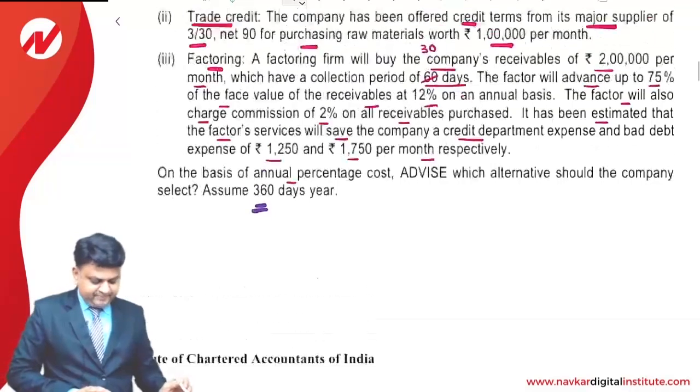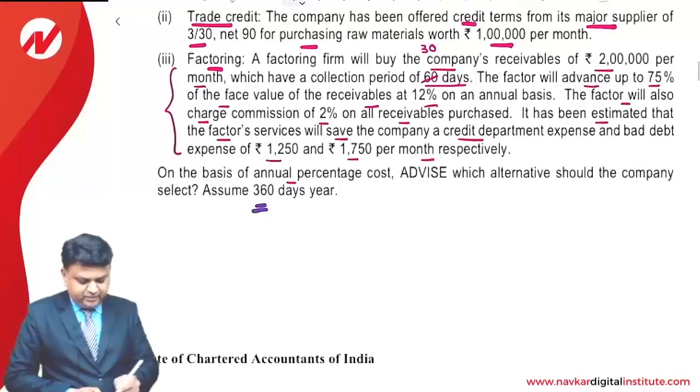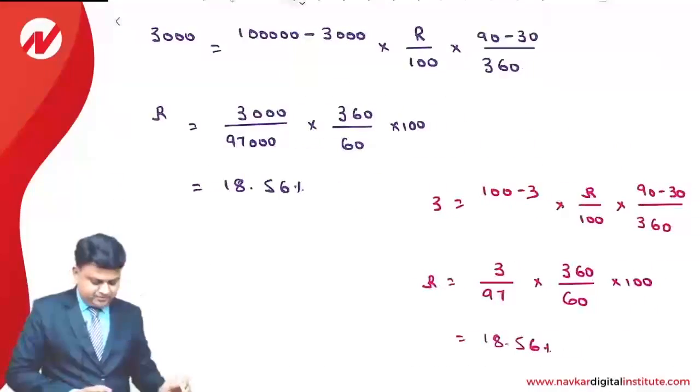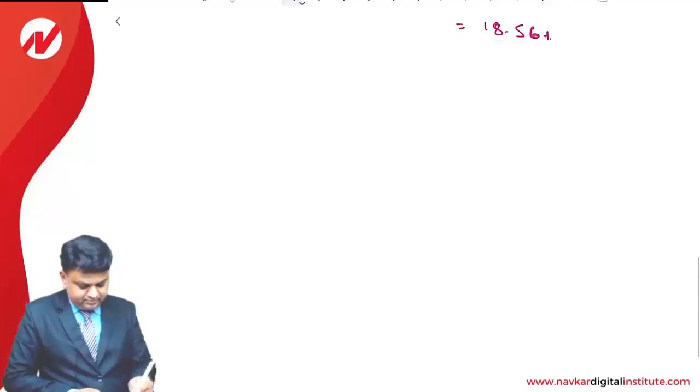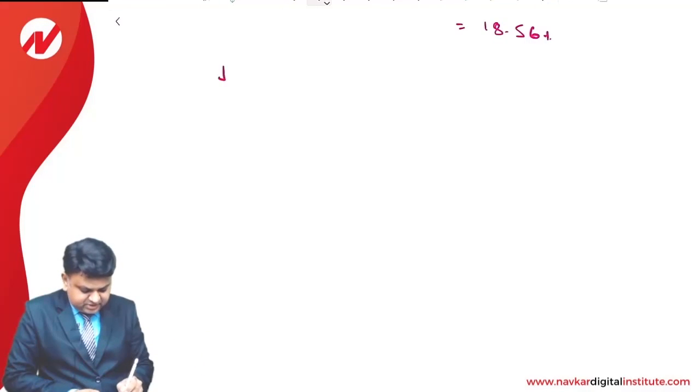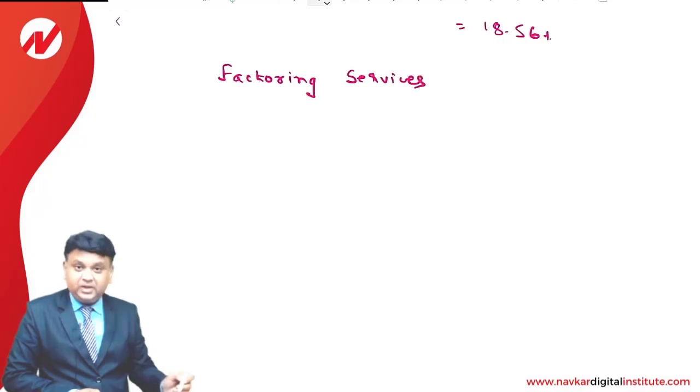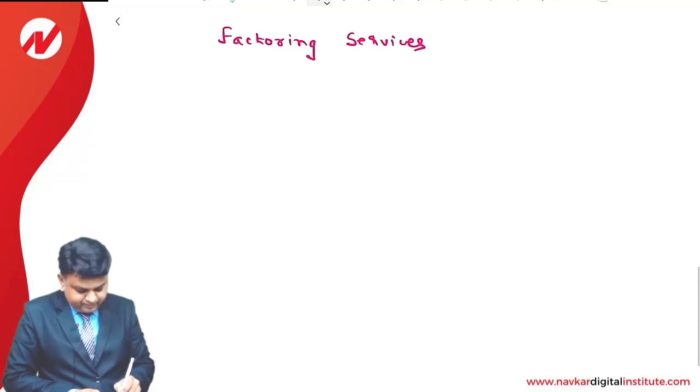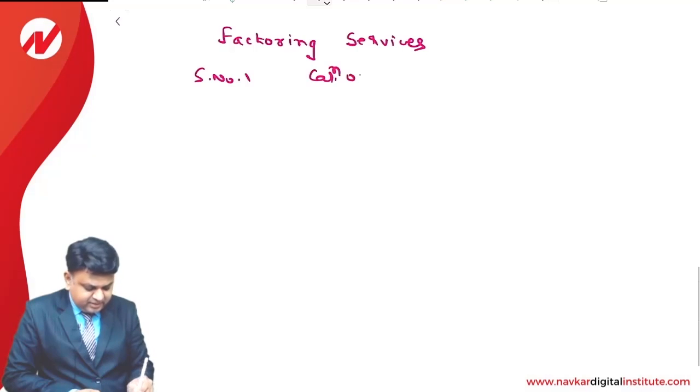Okay. So let us see that if we appoint the factor, then what is the cost? So write the heading factoring services. In that, step number 1 will be calculation of debtors after appointment of factor.